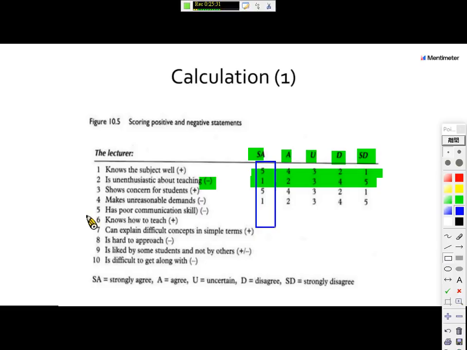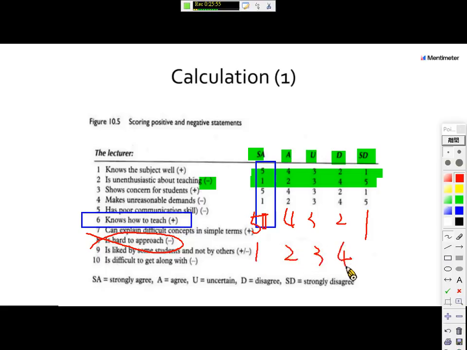So what about this? Knows how to teach. What will be the score you would like to assign? Of course, it should be 5, 4, 3, 2, 1, right? And how about this? It's hard to approach. Then that would be 1, 2, 3, 4, 5.